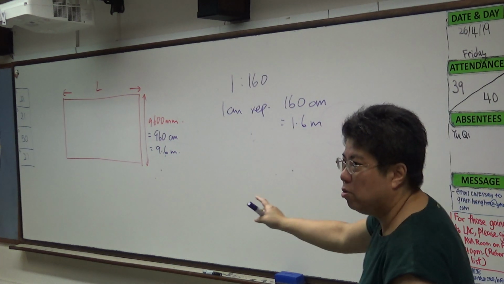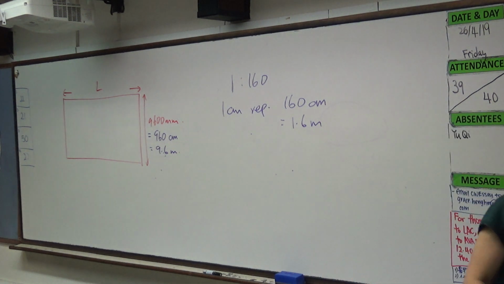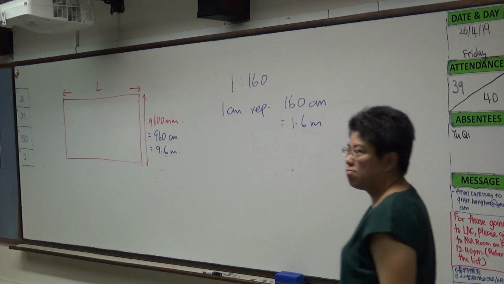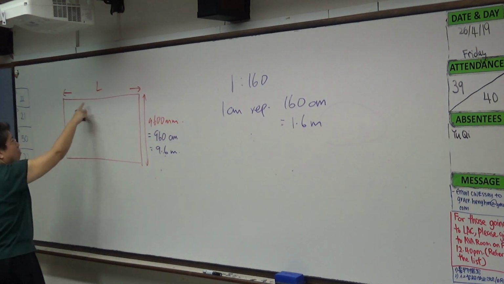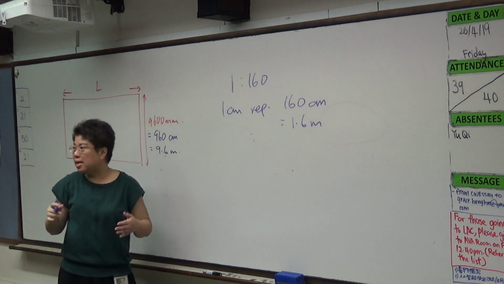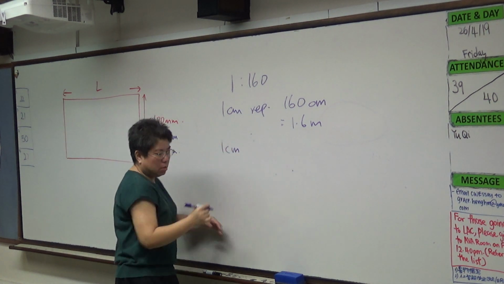Got it? Okay, I want you to use a ruler. Measure the length there. What is it on the map? The length here? 16 cm. Is it exact? Okay. So 16 cm.